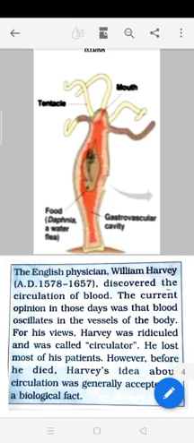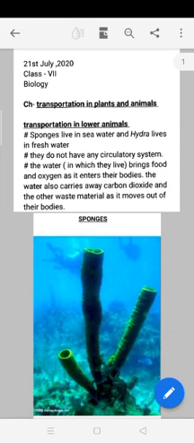He lost most of his patients. However, before he died, Harvey's idea about circulation was generally accepted as a biological fact. So this is about transportation in the lower animals.